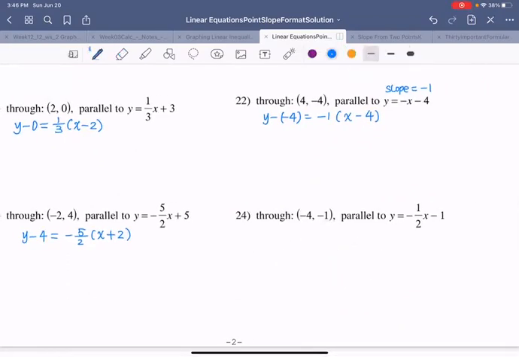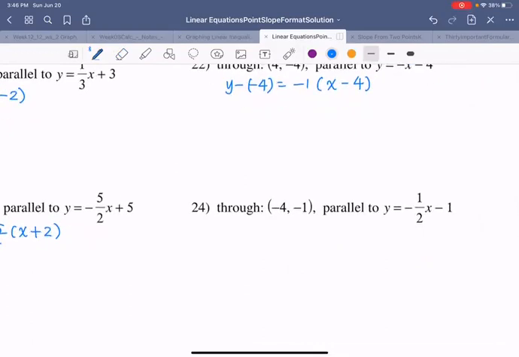Shangli, let's do 24. y minus -1 equals -1/2 times x minus -4.